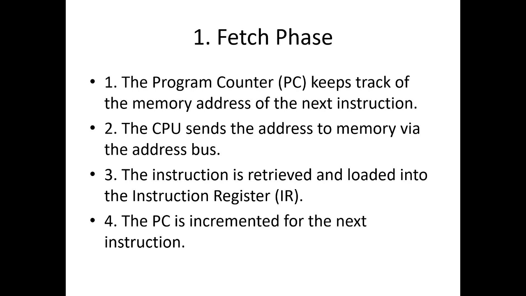And now how the CPU fetches instructions. The CPU sends the address from the PC to the memory via the address bus, and then the memory returns the instruction stored at that address via the data bus, and it is loaded into the instruction register. That's how the CPU fetches instructions.